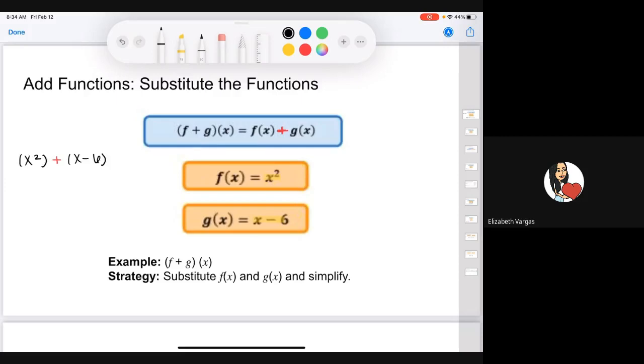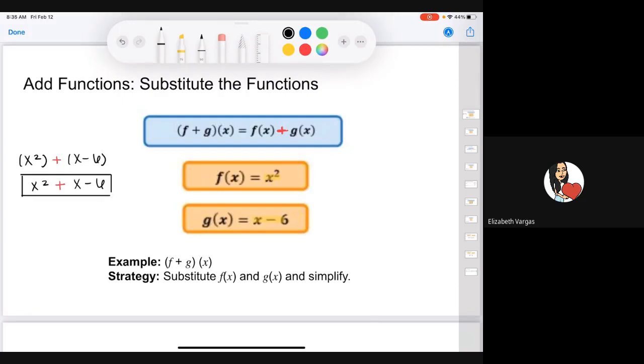Here we don't have any like terms, so all we have to do is drop those down. Because we don't have any like terms, we don't have to simplify any further. That is how we would conclude this answer.